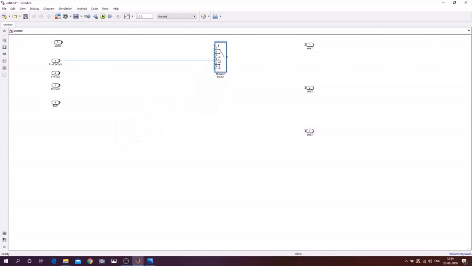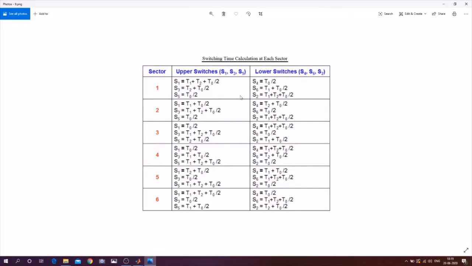The number of data ports will be 6. It will be governed by this sector that we have determined. And how I will be doing that, now I am showing you. You see over here, switch 1, here it is T1 plus T2 plus T0 by 2.